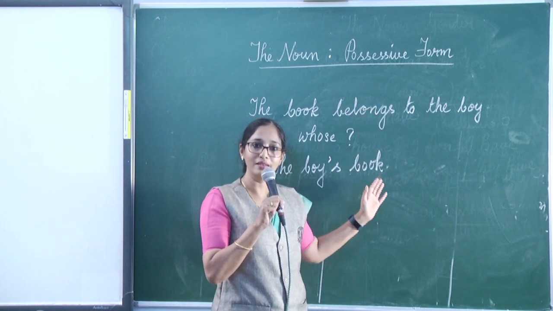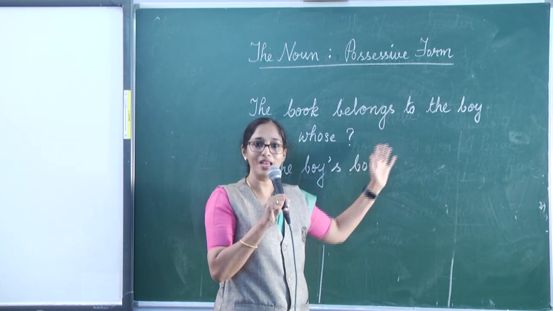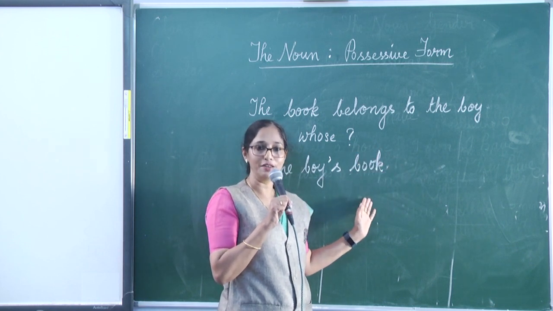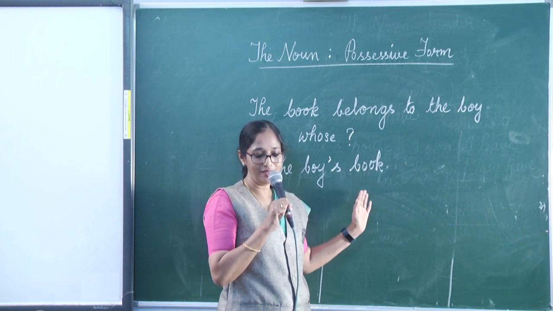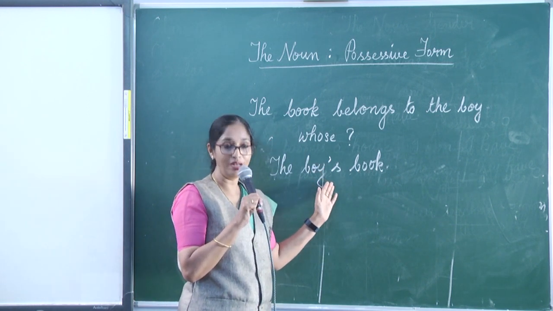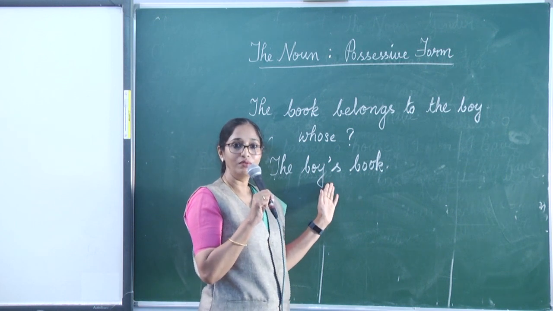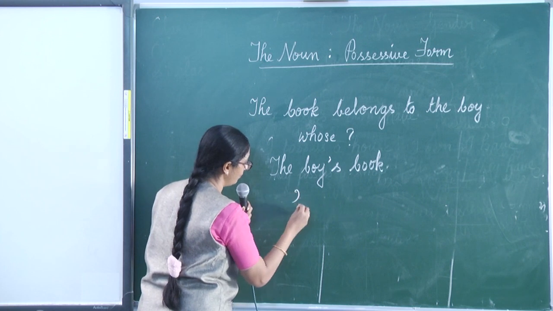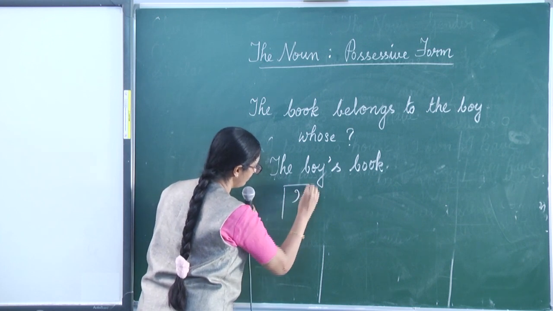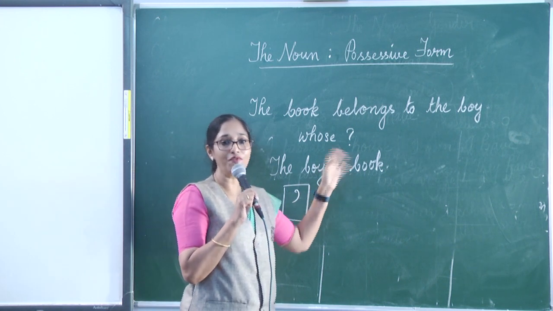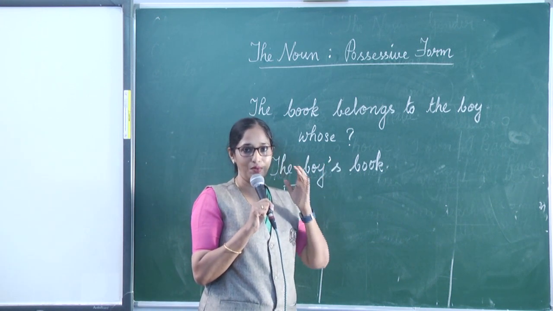The meaning remains the same. There is no change in the meaning, but we wrote it in a different way. So what is the change in the sentence? We added an apostrophe s to the noun. So this apostrophe plays an important role in forming possessive nouns.